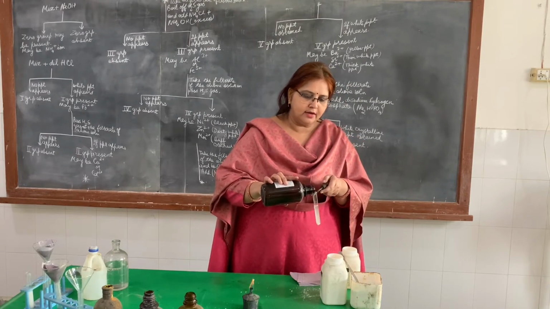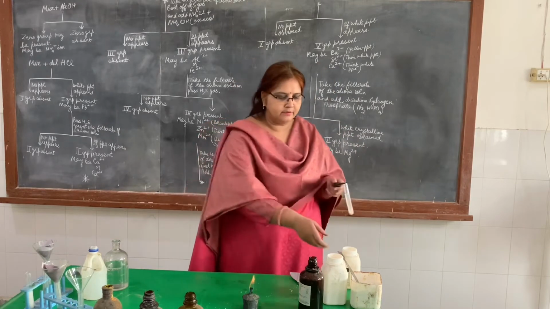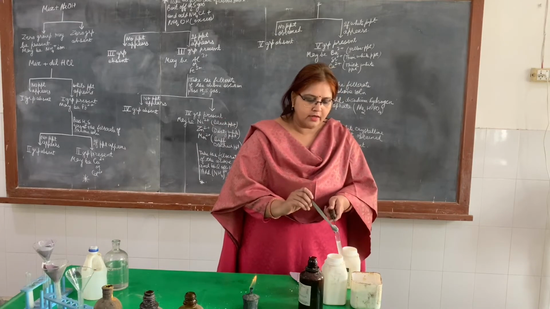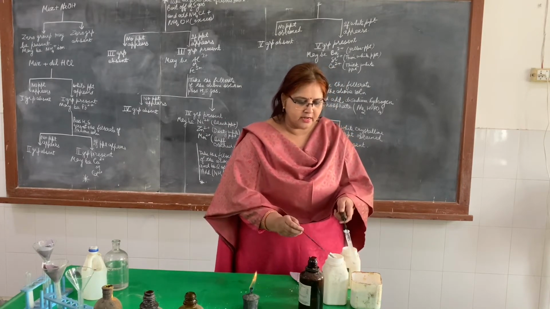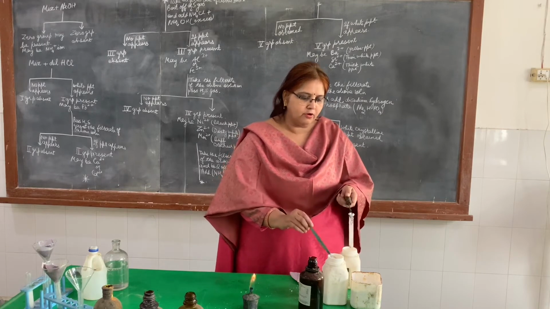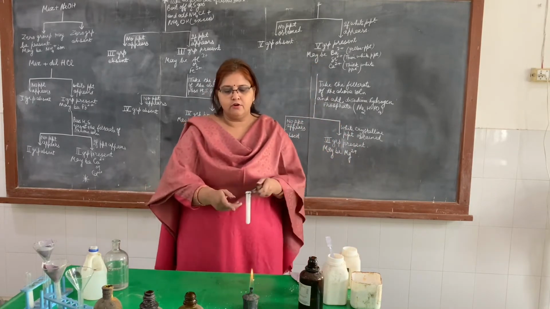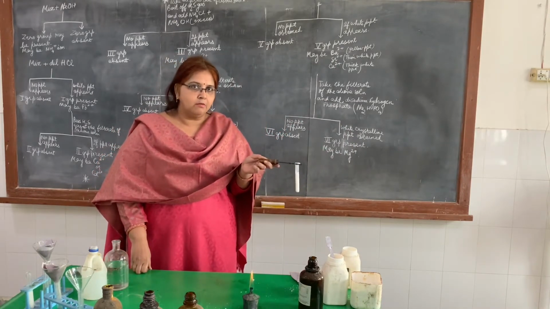After dissolving it, then add ammonium carbonate, which is the group reagent for group 5, and you see we will obtain a very good precipitate of group 5.